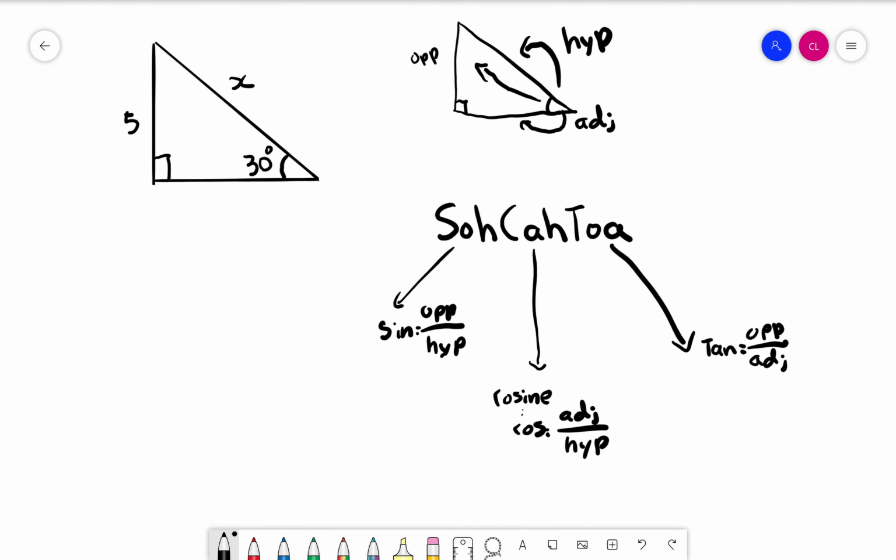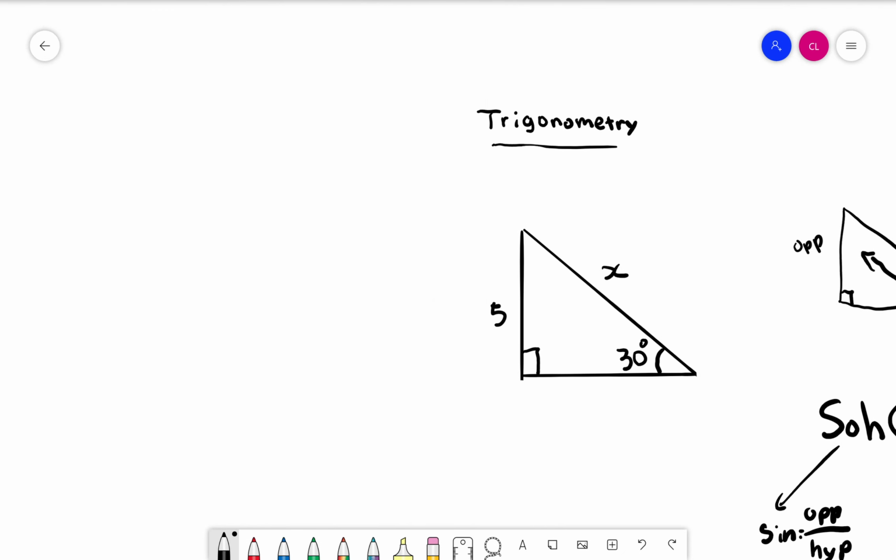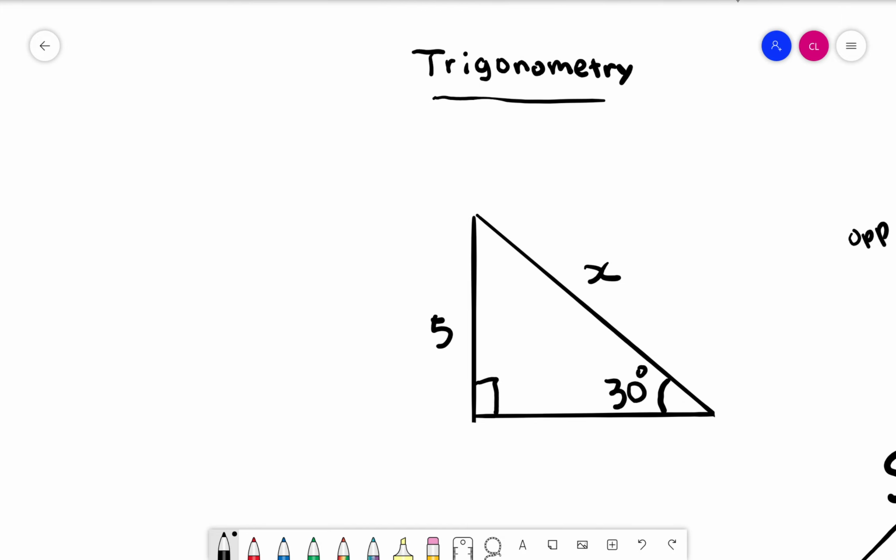Cool. So remember that. Then we come back to this. How would we be able to solve that? Well, this is the angle we're given right here. That's the hypotenuse, and that's the opposite.